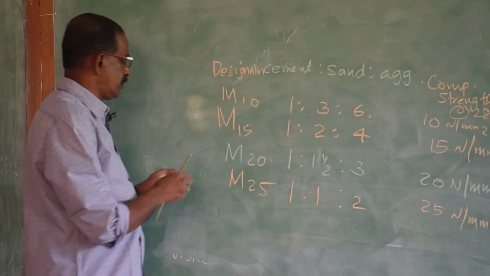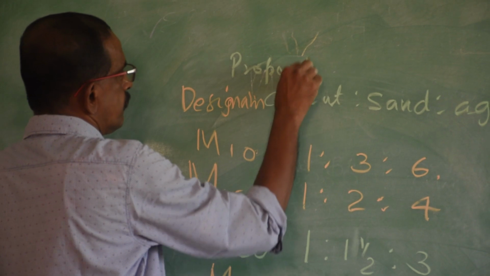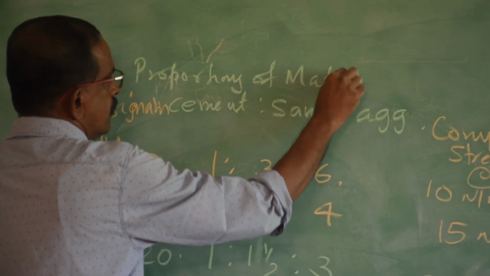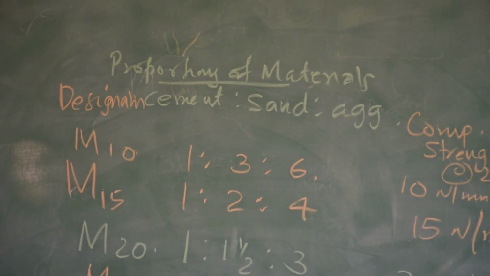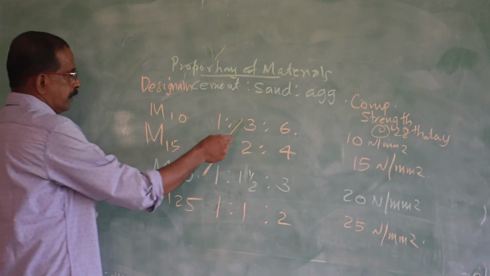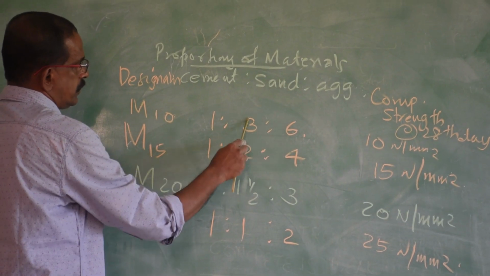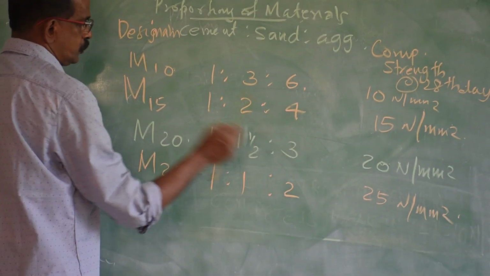So this is called the proportioning of materials for making concrete. Here you see always the aggregate quantity is double the sand quantity: 3, 6; 2, 4; 1.5, 3; 1, 2.